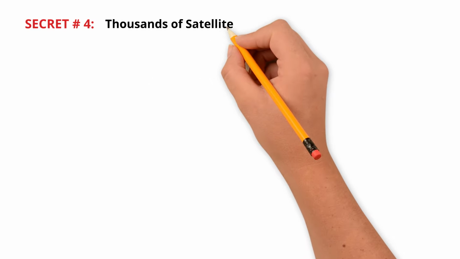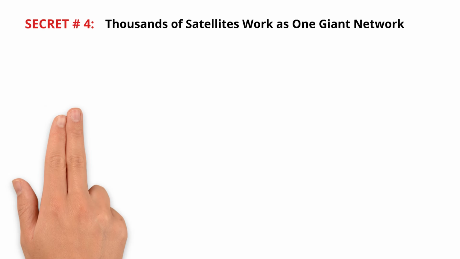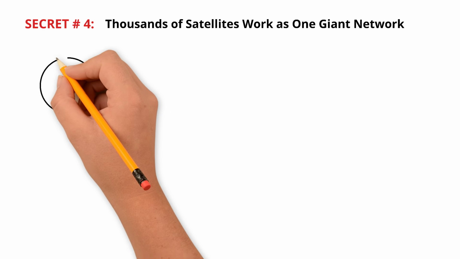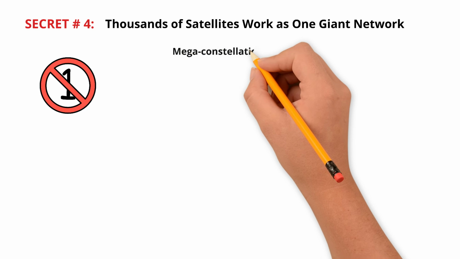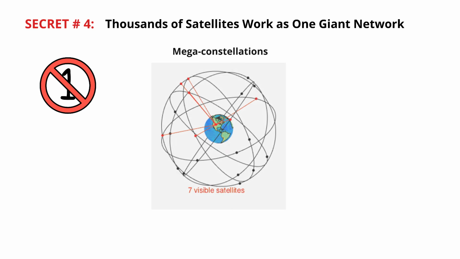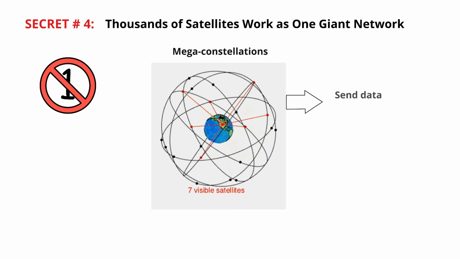Secret number 4. Thousands of satellites work as one giant network. Here's another secret. It's not just one satellite that gives you internet, because one satellite can't cover the whole planet. Companies use a system called mega constellations that are thousands of small satellites that talk to each other using laser links. These lasers send data between satellites at the speed of light without bouncing the signal back to Earth.